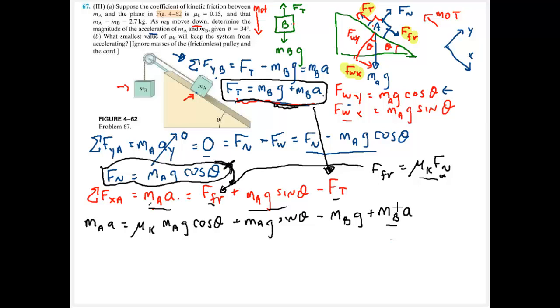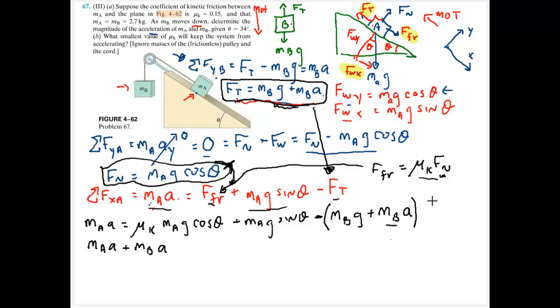And now you can see all I really need to do is add the mass of B times the acceleration to both sides. I need to take this minus sign right here and work it through. I end up with mass of A times the acceleration plus mass of B multiplied by the acceleration.